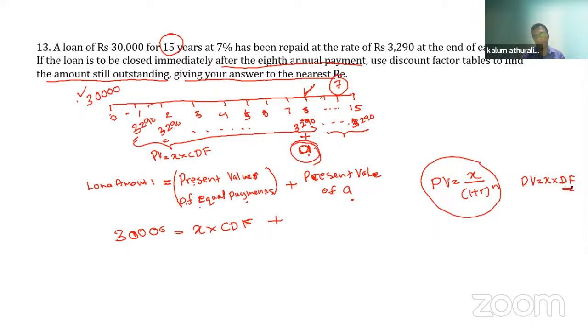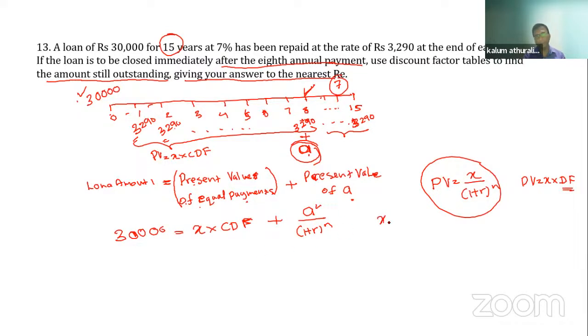Using the discount factor table, you can find the present value of the single amount. Using this formula, A over 1 plus R to the power N, you can find the value of A.